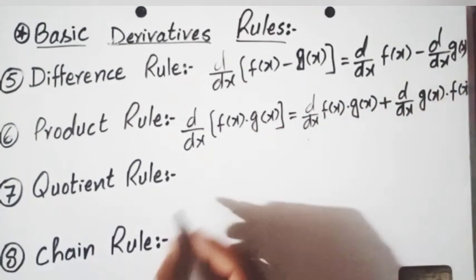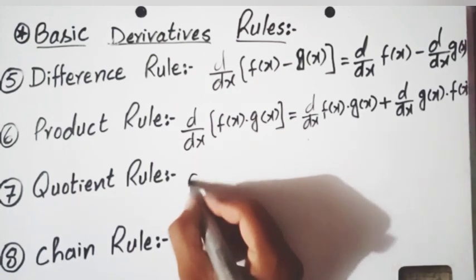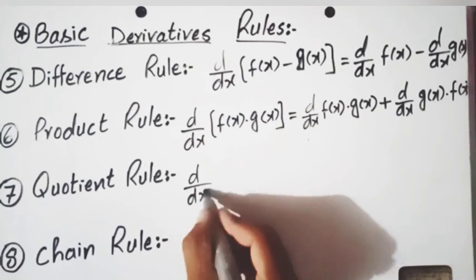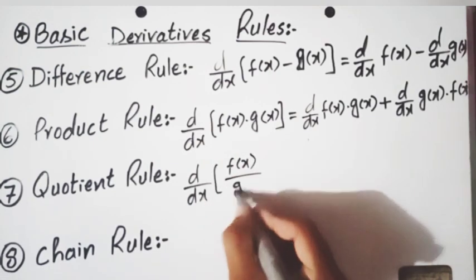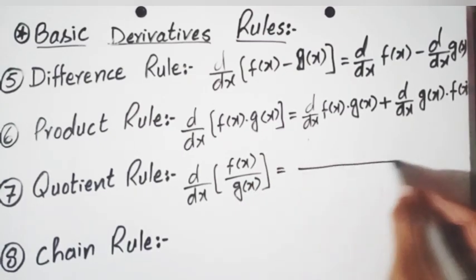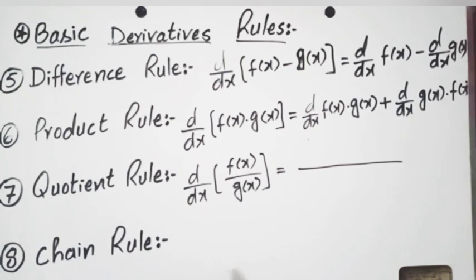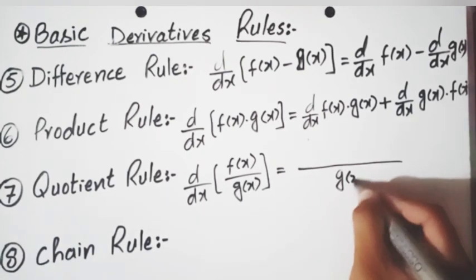Then we have the quotient rule. When we have a fraction of functions like f of x over g of x and we want to differentiate them, there is a rule called the quotient rule, which we can apply. In the denominator we take the square of g of x.